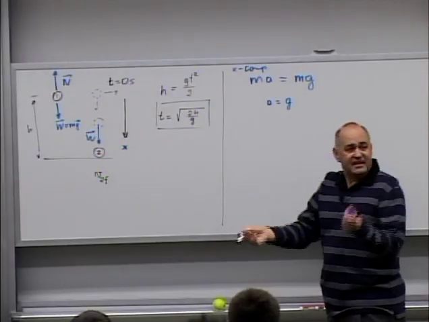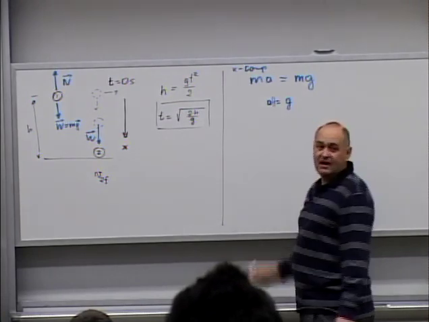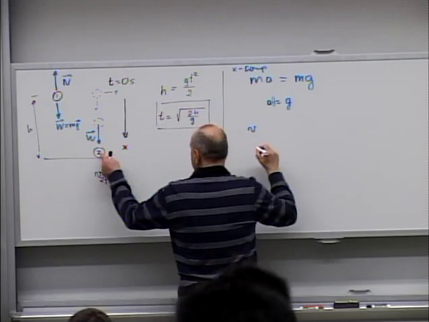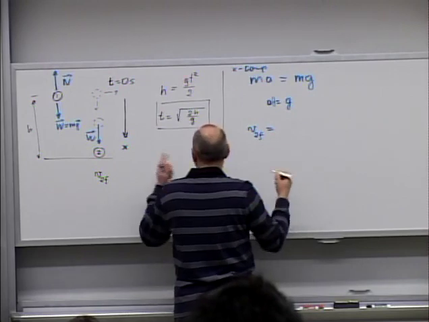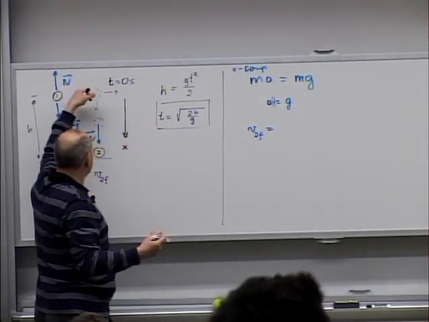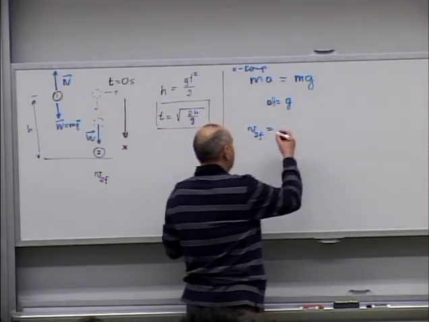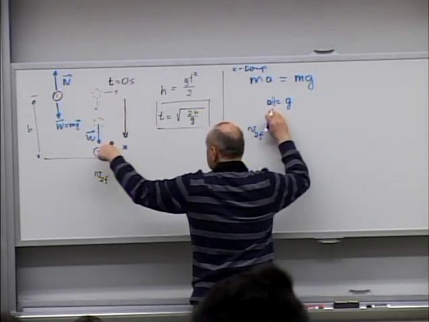So from that, I figure out that acceleration of a particle at any instant, no matter where it was, is equal to acceleration due to gravity. Therefore, speed of the particle at this location is equal to the magnitude of initial velocity, which was 0, plus acceleration times time from here to here.